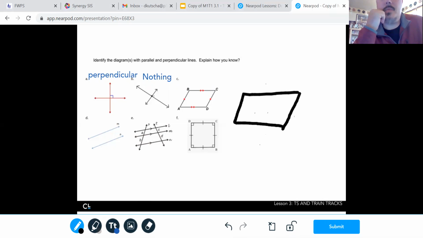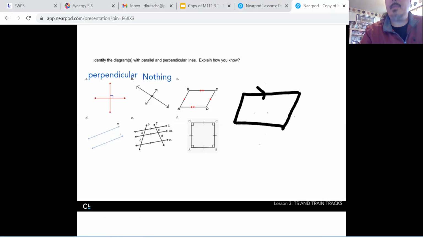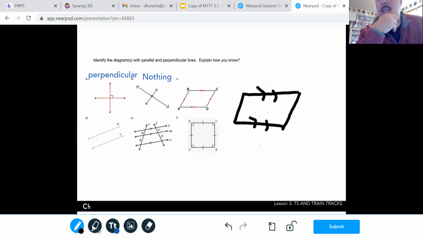And because we have 4 sides, we have a quadrilateral. And see those little red arrows that are in there? On my diagram, I'm just going to mark them off. Those arrows mean that these lines have the same slope. Because they have the 2 arrows, they have the same slope.